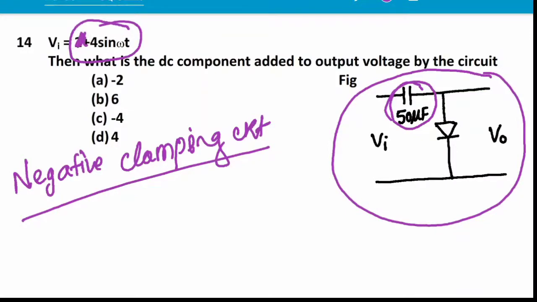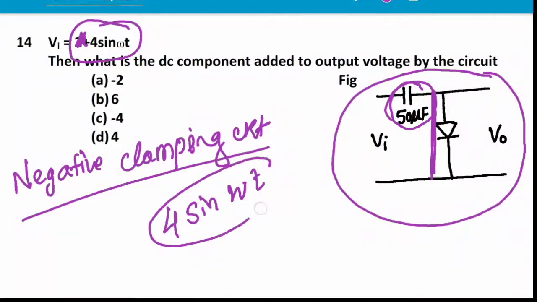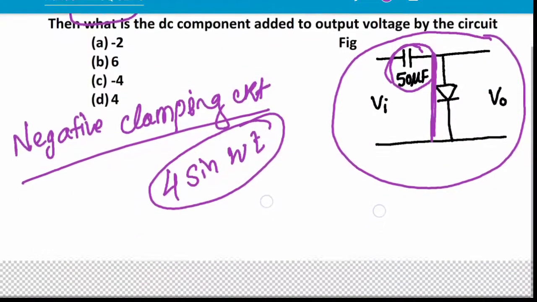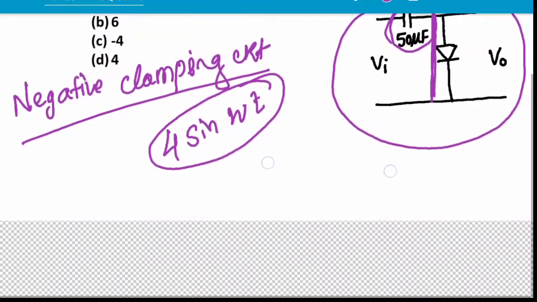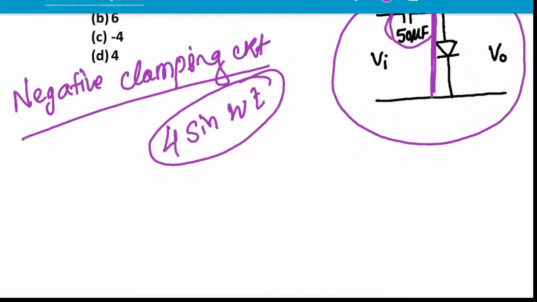So the input here will be only 4 sin omega t. In case of a negative clamping circuit, the shifting is equal to that of the amplitude.